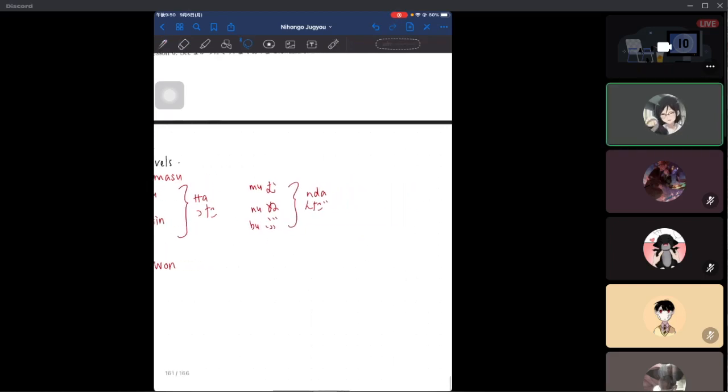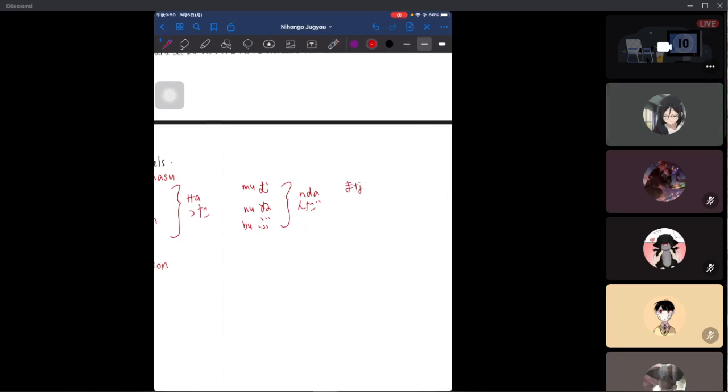So the verbs that end with the hiragana mu, nu, and bu, you change to nda. For example, the word manabu, which means to learn. If you conjugate this into the past tense but short form, you just replace the bu here with nda.